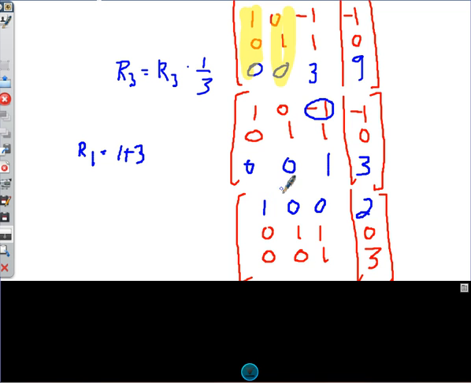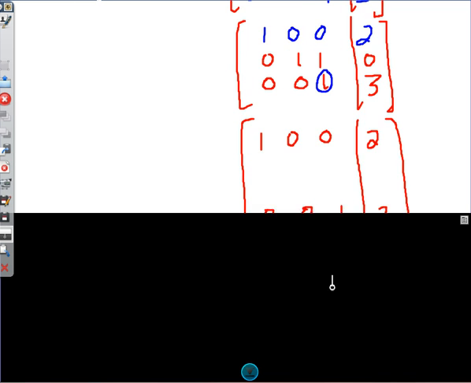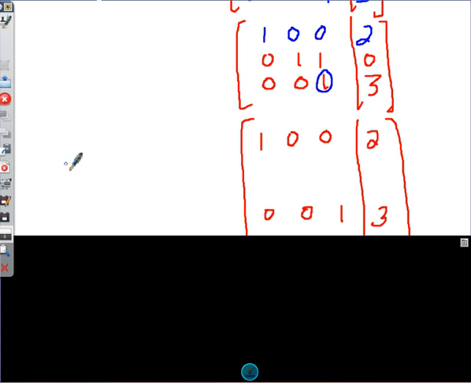Okay, first column, second column, we're working on the third column. We need this to be 0 here. I think we can achieve that by saying our new row 2 is equal to old row 2. Let's just take 1 minus 1, so we'll subtract row 3.